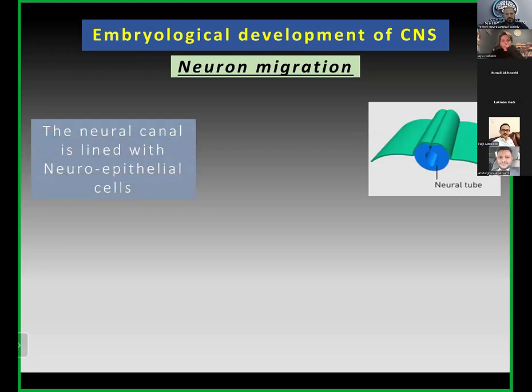So, the neural tube is lined with neuroepithelial cells. This neural tube contains inside it the neural canal. This neural canal is lined with cells called the neuroepithelial cells.